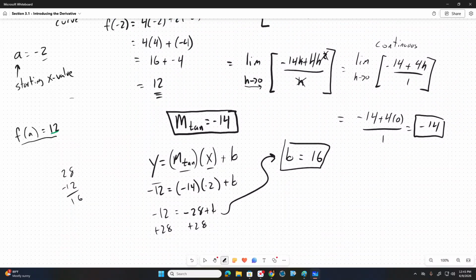Hopefully you guys saw that error before I did. This should be negative 2, so this should be positive 28, which means that we should be subtracting 28. So 12 minus an additional 28, I think that's 40. I think we get b is negative 40.